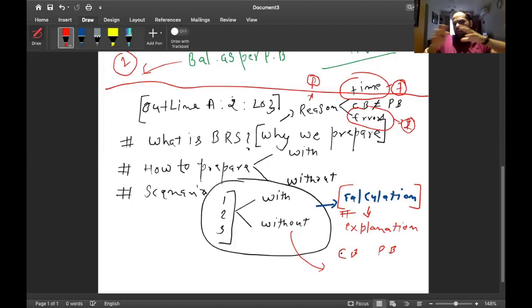You can draw diagrams, or you can explain. It's up to you, but you have to explain that the balance of cash book has been increased because of this transaction, but since the check is not received by the bank, in order to make the balance equal, we will subtract from the cash book. So as a result, the balance is equal, right? So make sure you do this, right?